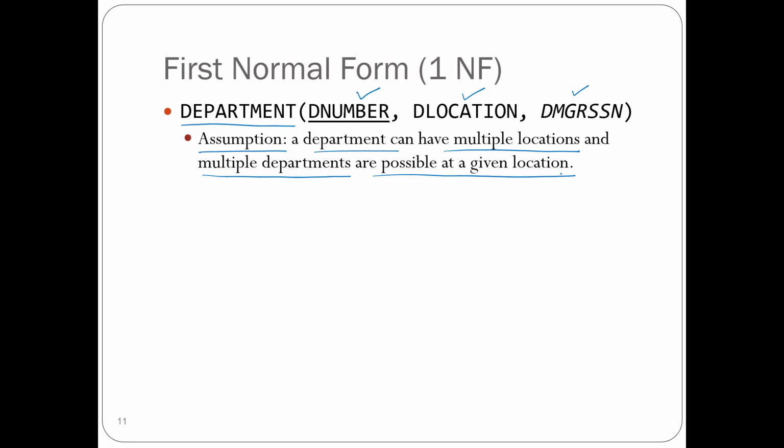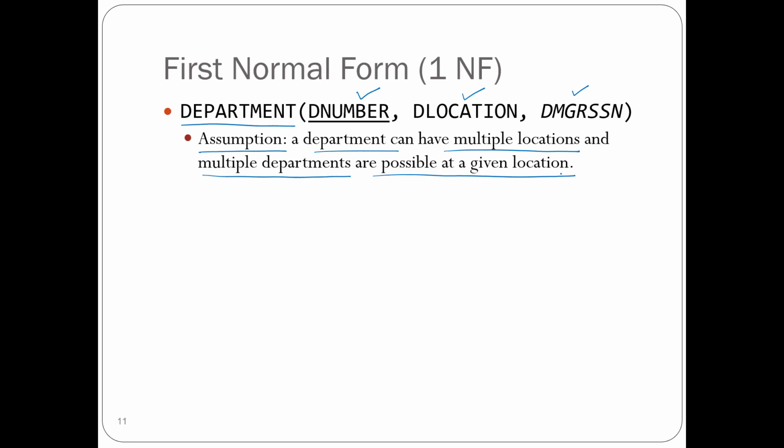So like the computer science department can have one location in Stony Brook University, in Stony Brook, and the computer science department can have another location in Manhattan, right? So this is possible, right? So yeah, that's our assumption. A department can have multiple locations, and multiple departments are possible at a given location. So although this relation looks very simple, we need to keep this assumption also, right?